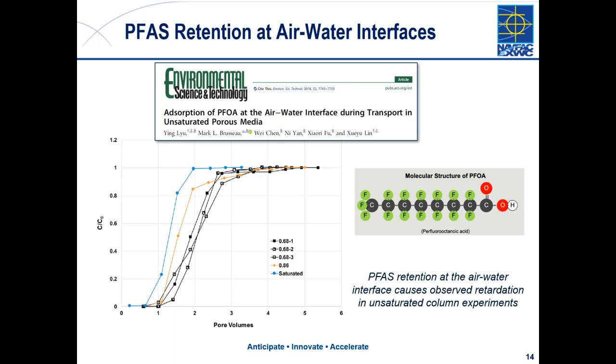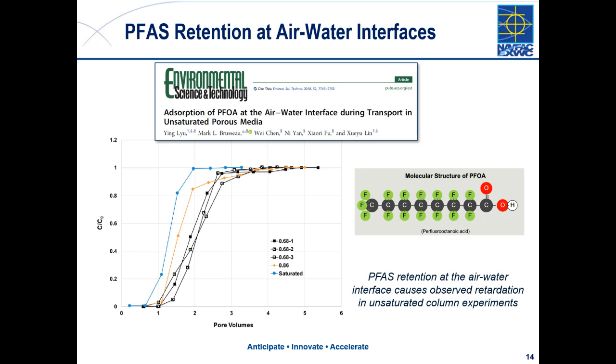On the left in the blue, you see the migration under saturated conditions. There's no air-water interface, but then he dries the column out a little bit, so you have some air-water interface, and you can see that the rate of elution of PFOA through those columns takes longer when you have more air-water interface. That's because PFAS is accumulating at the air-water interface.